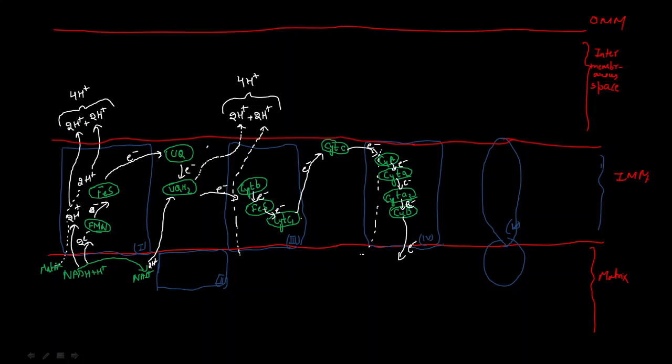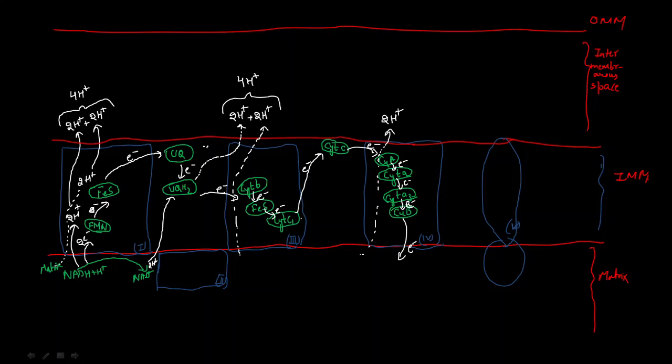But when this electron gets out of this fourth complex, these protons will be released towards the outer side. So during the fourth complex, when electron transfer is happening, please remember that only two protons are going to get released towards the intermembranous space.